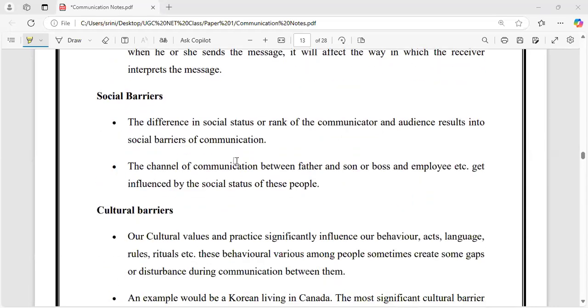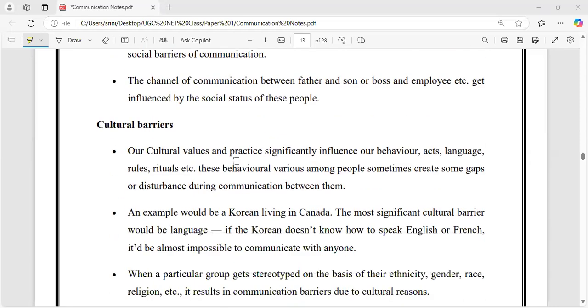Social barriers: the difference in social status or rank of the communicator and audience results in social barriers of communication. The channel of communication between father and son or boss and employee, those are social barriers. It can get influenced by the social status of these people. I have many examples, but it's not in the book.